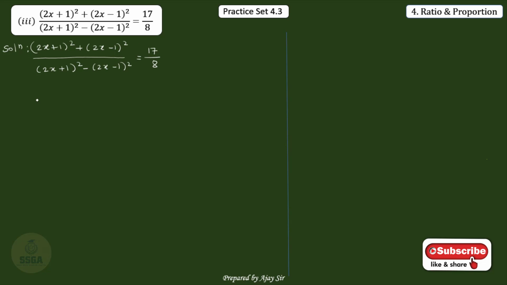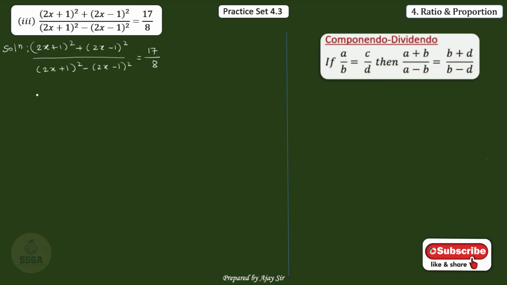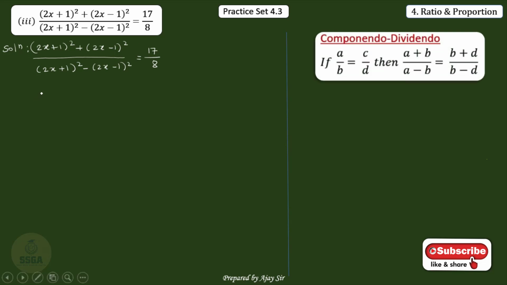Now we are using the componendo and dividendo property. So let us use this property here.